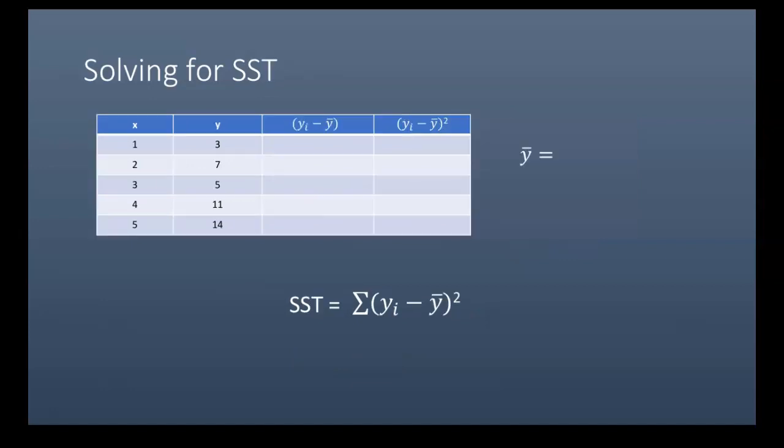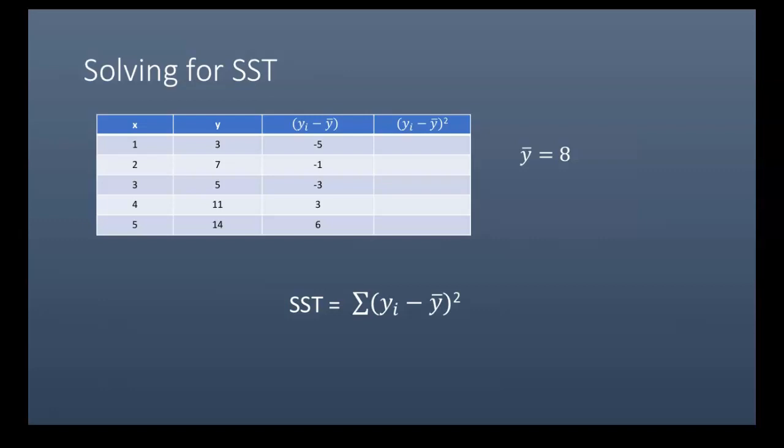Now SST is the sum of y minus y bar squared. But we don't have y bar quite yet, so we need to solve for y bar. Y bar is just the average of all of your y values. So if you average your 5 y values, you will get 8. So now we can take each individual y value and subtract 8 from it. So 3 minus 8 is negative 5. 7 minus 8 is negative 1.